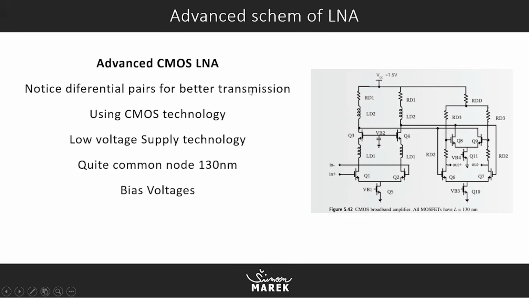So here's our more advanced CMOS amplifier. Notice differential pairs. This can be quite a problem because you might need to use some balancing transformer to convert your signal if you have only one input signal.